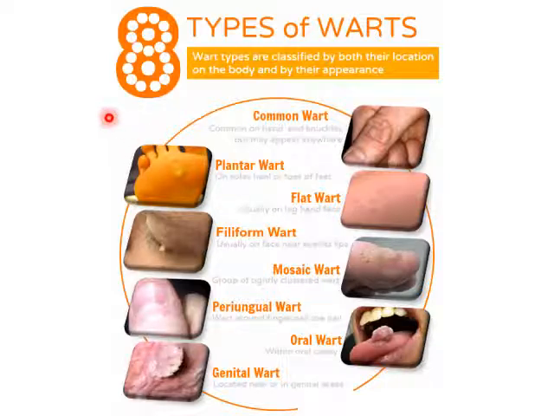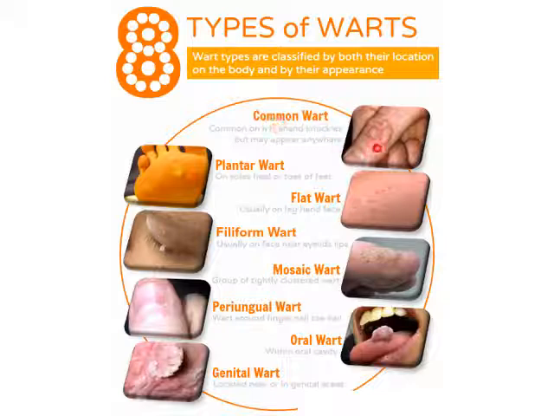Now, these warts, which are basically the benign lesions of the human papillomaviruses, are classified in two ways: based on their location on the body as well as based on their appearance. Here are a few examples.